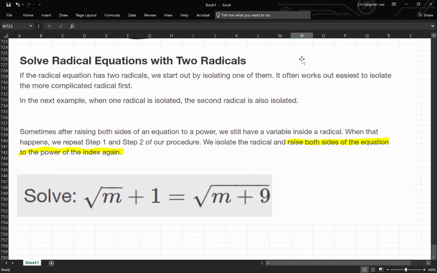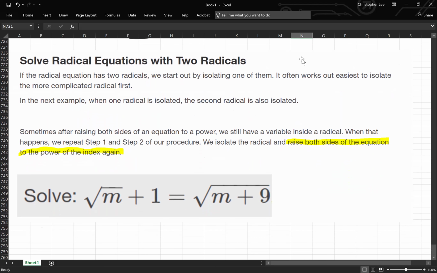Sometimes after raising both sides of an equation to a power, we will still have a variable inside a radical. When that happens, we repeat steps 1 and 2 of our procedure. So we isolate the radical and raise both sides of the equation to the power of the index again. And then we get our final answer.